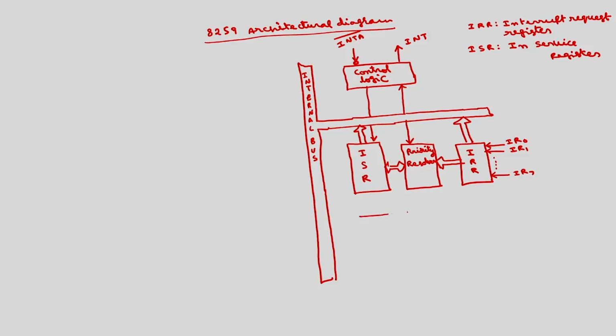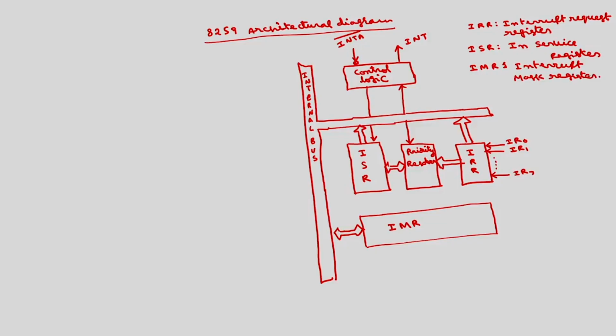You have to mask some interrupts whenever more than one interrupt requests the use of the interrupt of 8086 or any microprocessor. So there is an interrupt mask register.